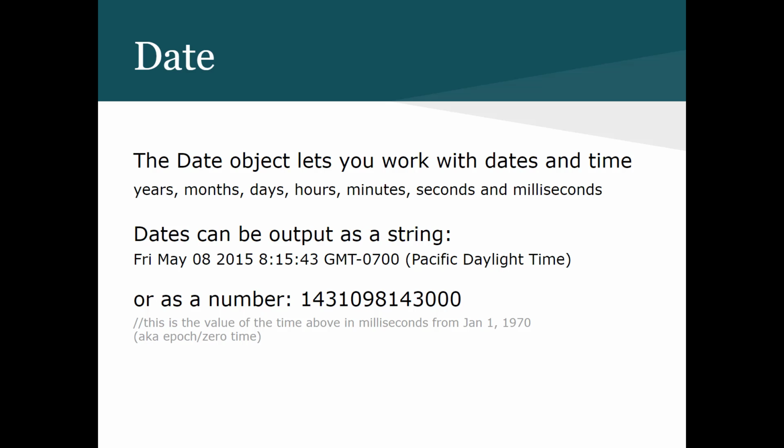Dates can be output as a string, such as this one, Friday, May 8, 2015, 8:15, 43 seconds, GMT, Pacific Daylight Time, or as a number. This number is the value of milliseconds from January 1st, 1970 at midnight until Friday, May 8, 2015, 8:15, 43 seconds, GMT, Pacific Daylight Time.